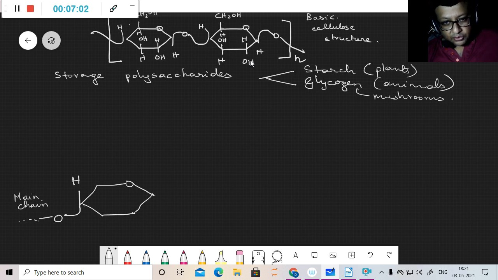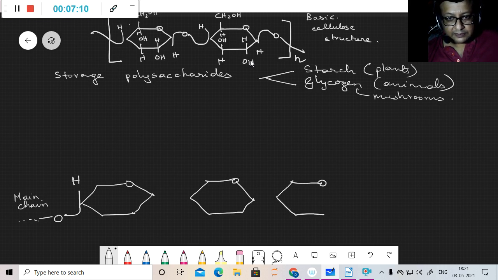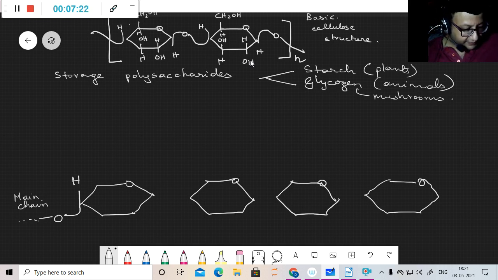Draw 4 glucose units. Four glucose units coming up over here, and they are all alpha glycosidic bonds.